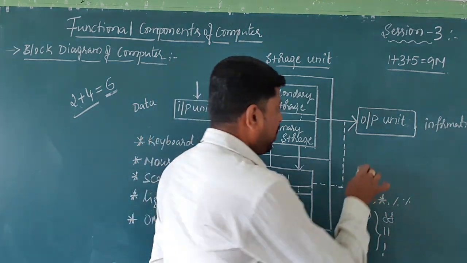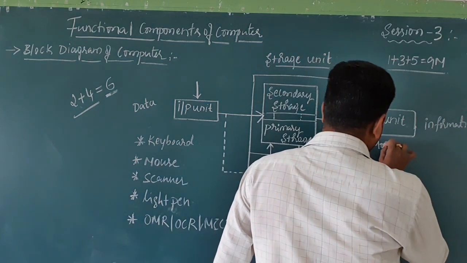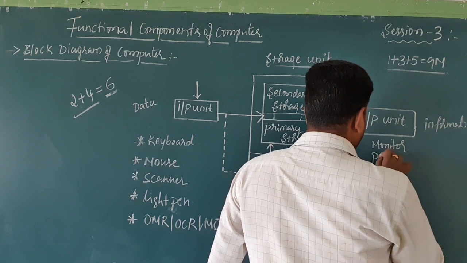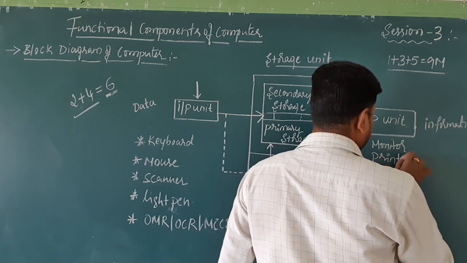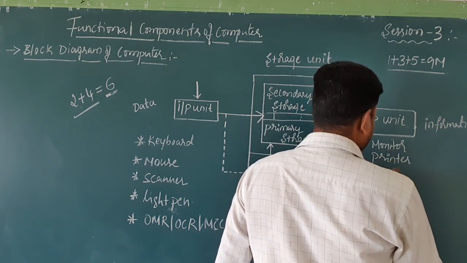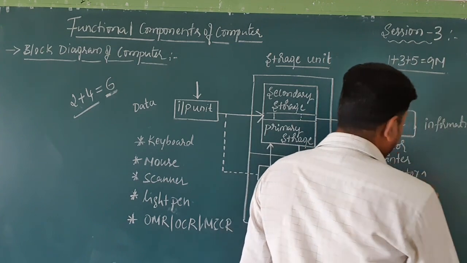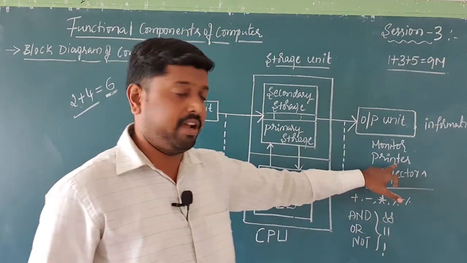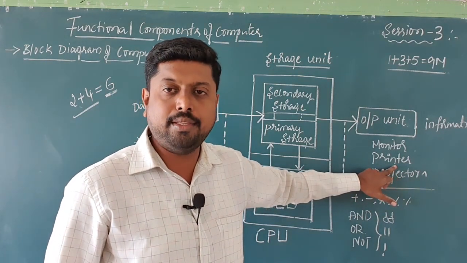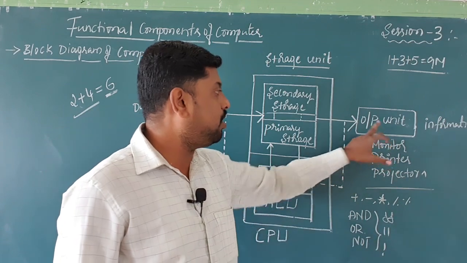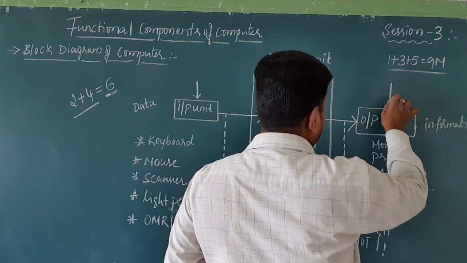With the help of the output unit, monitor, printer, projectors, etc. With the help of these output devices, we have a chance to view the result. So this is what we call the output unit.